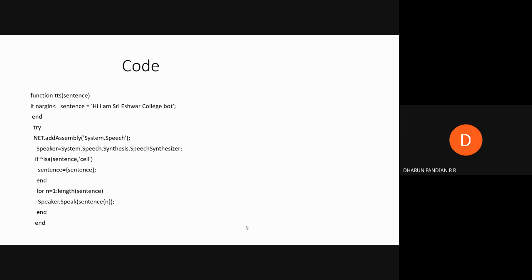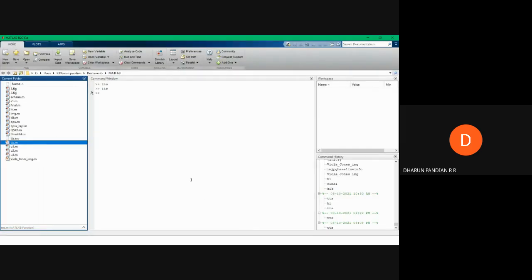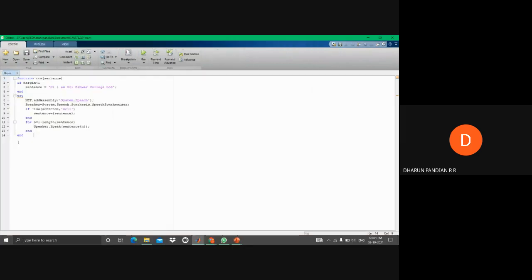So next, thank you, Kanmani. Now I am going to explain the code in MATLAB, and I will show the output from MATLAB. This is the MATLAB window. This is the code for the mini project. We give a function as TTS sentence.